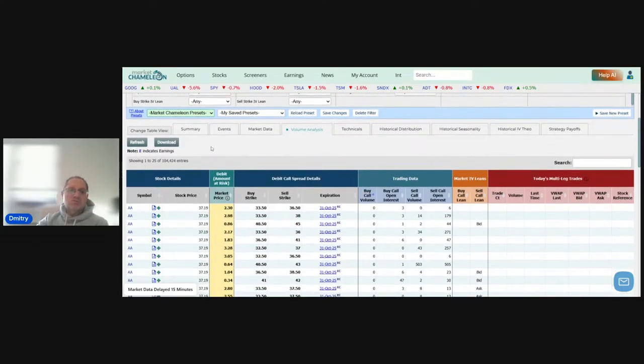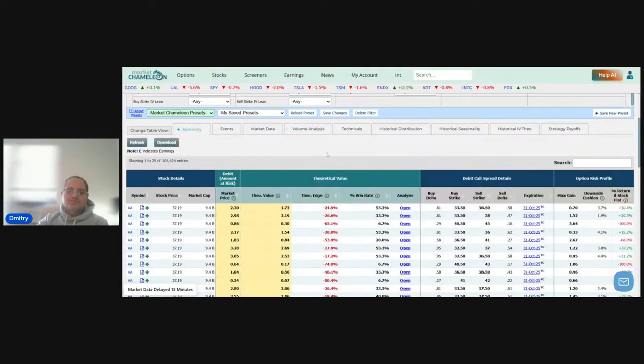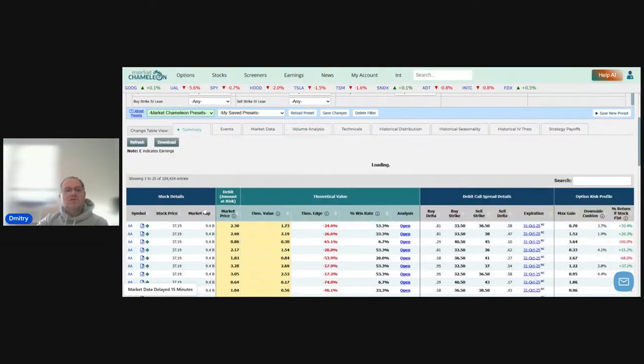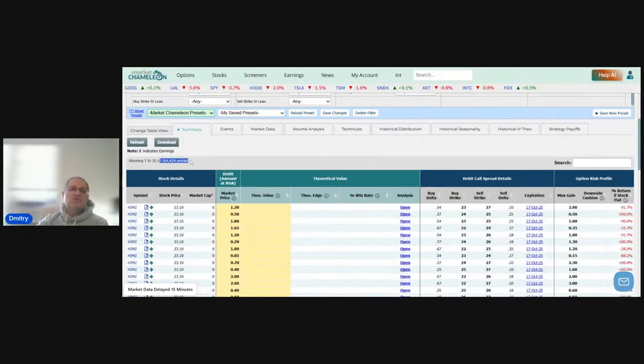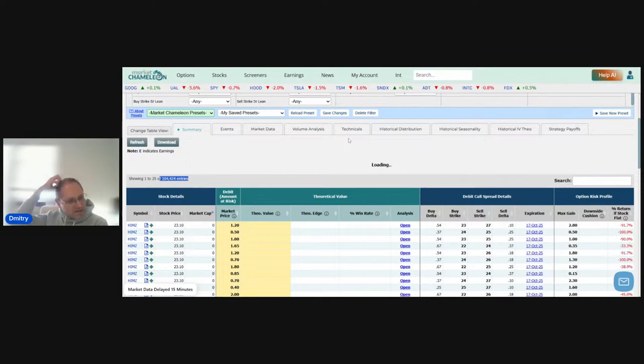So I'm going to come back here, go back to sorting by market cap. Okay, so click on market cap. This will refilter. You see we have 104,000 different spreads in here that we're analyzing. So I'm going to go back to highest market cap.